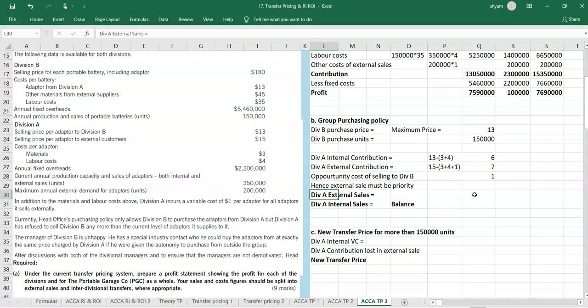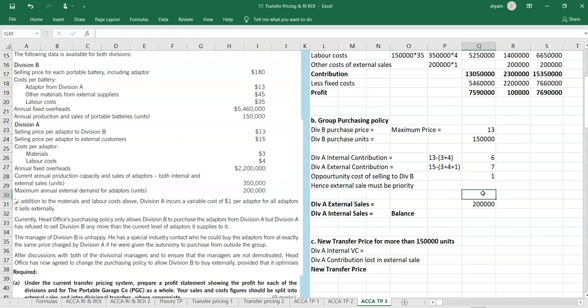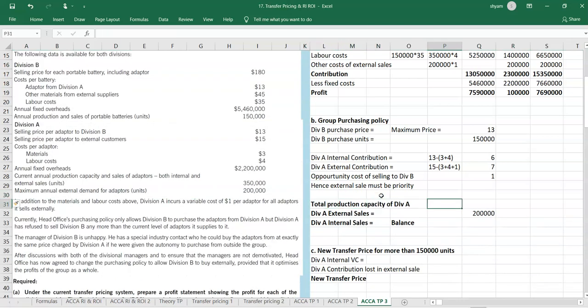Externally they have to sell 2 lakh units. Or else you'll put it like this: the total production capacity of division A is 3,50,000. 2 lakh is the external sales.